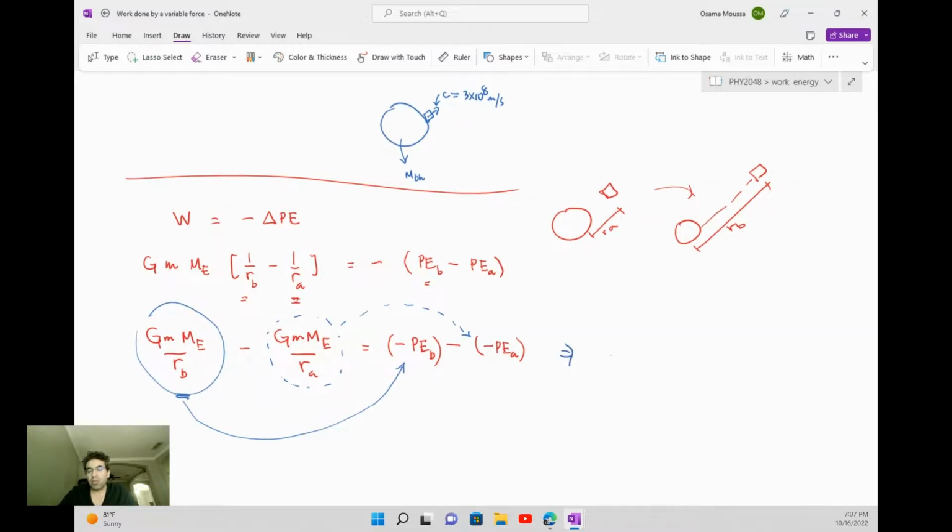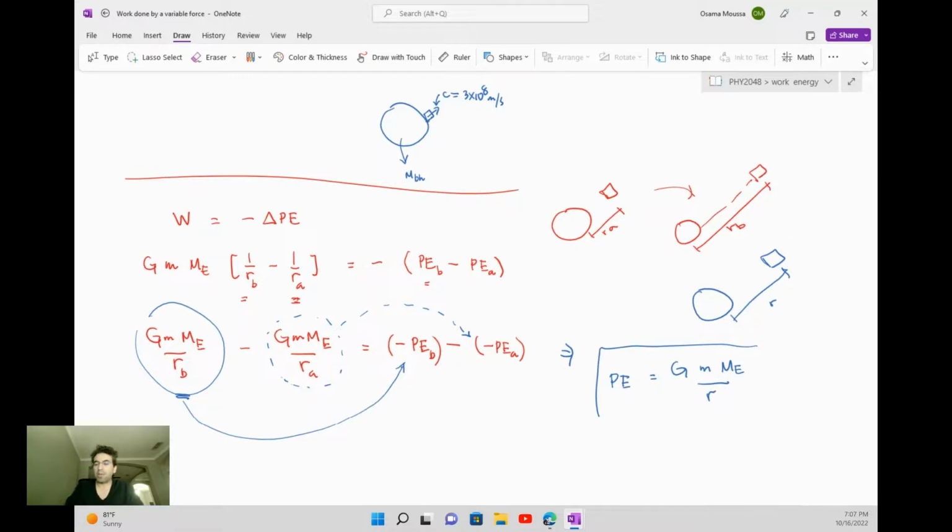In other words, I can write a general statement about the potential energy at some configuration of Earth and some object separated by a distance r. I can say that the potential energy contained in this system, in this configuration, is equal to negative G times the mass of the object times the mass of the second object, which is Earth in this case, divided by the distance between them.